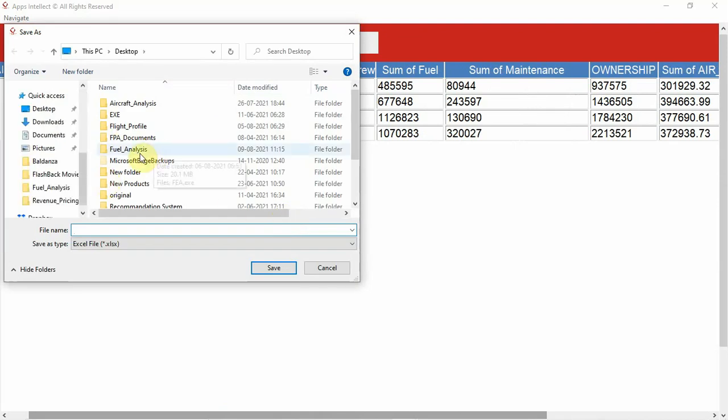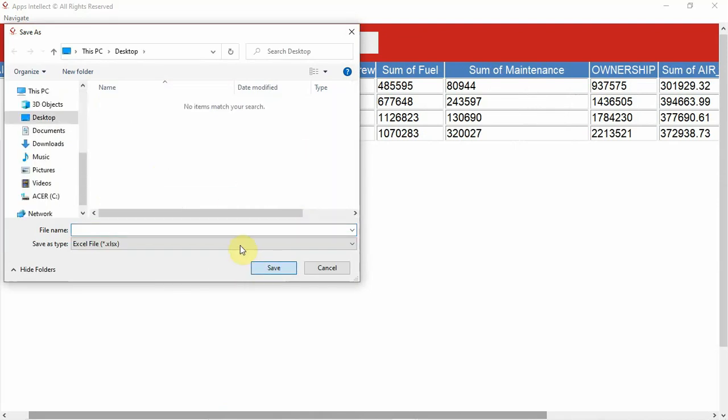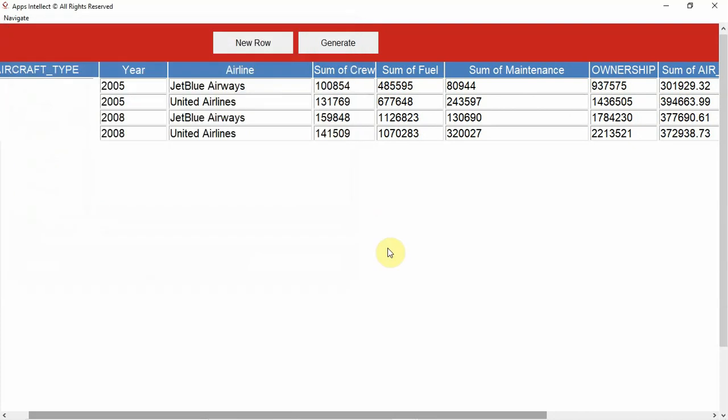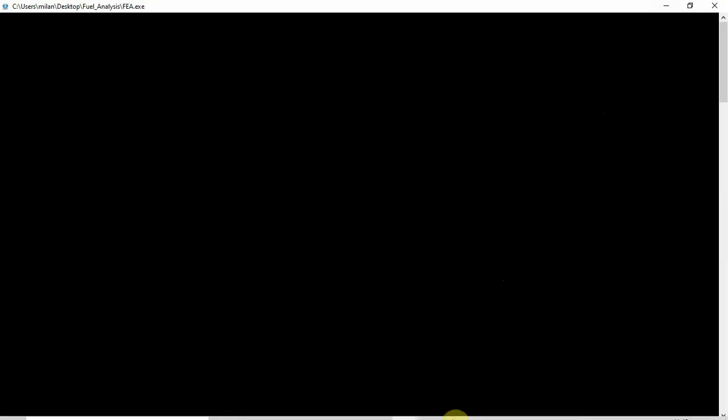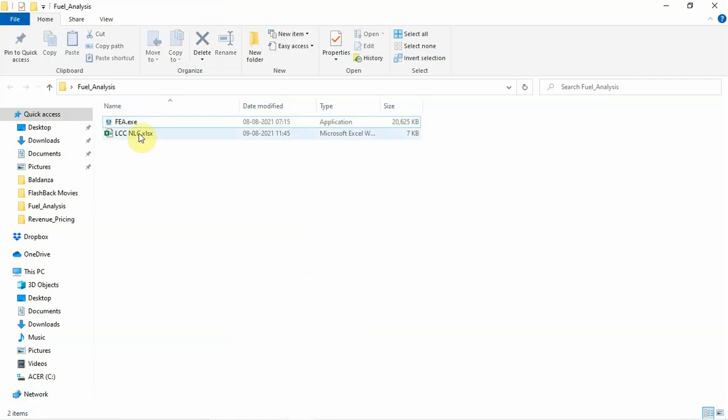We will save this file where we started our application, and name it LCC space NLC. That's the name of the application, and we'll be comparing both these different carriers. So we'll see the application here. It must have generated the report. Yeah, it is generated.